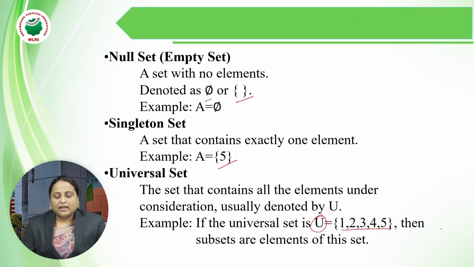Again, I may want to consider U equals {a, b, c, d, and so on up to f}. This you can also call a universal set. Universal set represents the total elements you want to consider at that point of time, and it is generally represented with capital U.